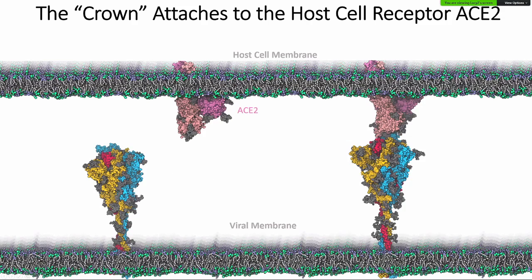Here we have a little cartoon. Here's our spike molecule in the viral membrane, and the host cell membrane up here with an ACE2 molecule embedded inside of it. If that spike physically bumps into an ACE2 molecule, it does so using that crown region, that green part up here. We call this the receptor binding domain.